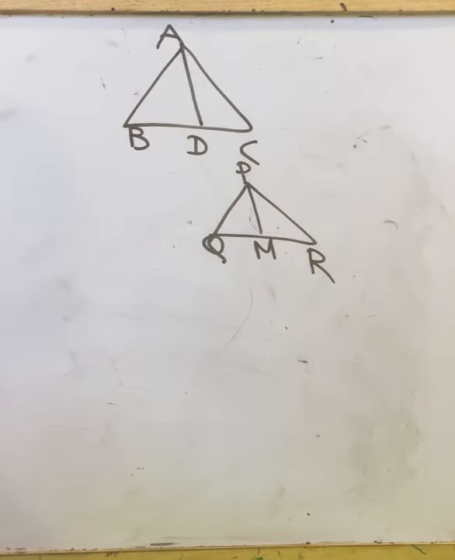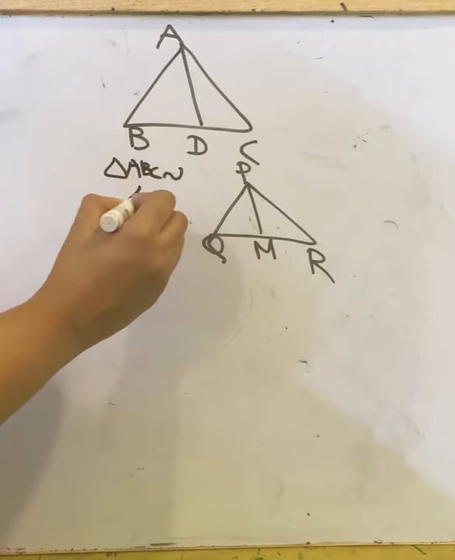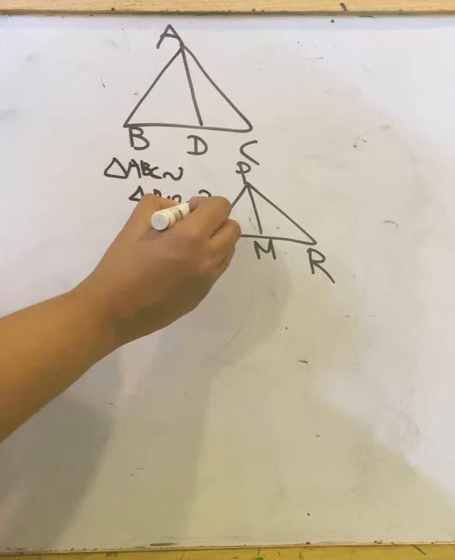Sides AB and BC and median AD of triangle ABC are respectively proportional to sides PQ, QR and median PM of triangle PQR. Show that triangle ABC is similar to triangle PQR. This we have to show.